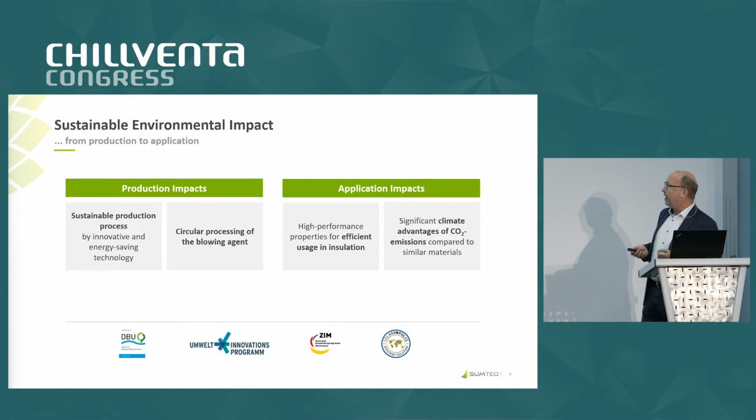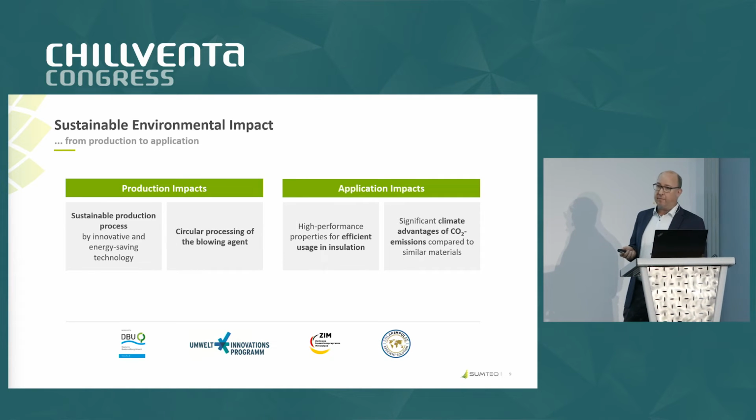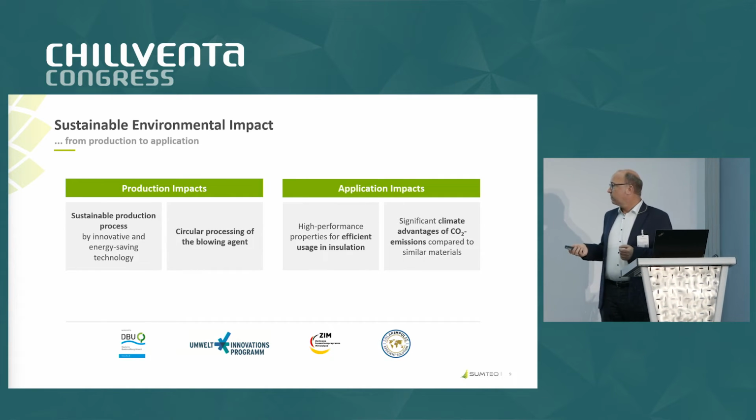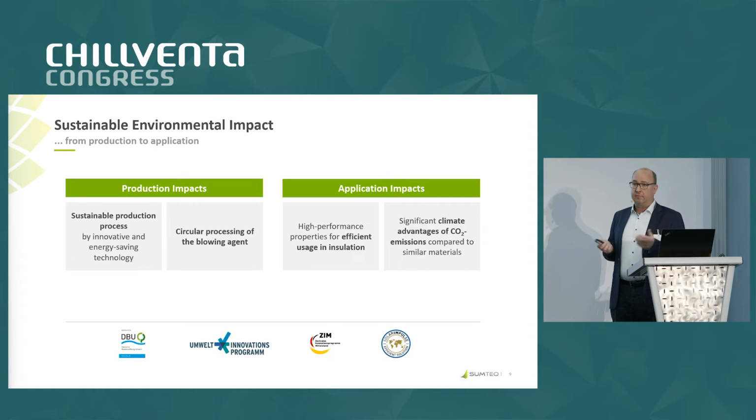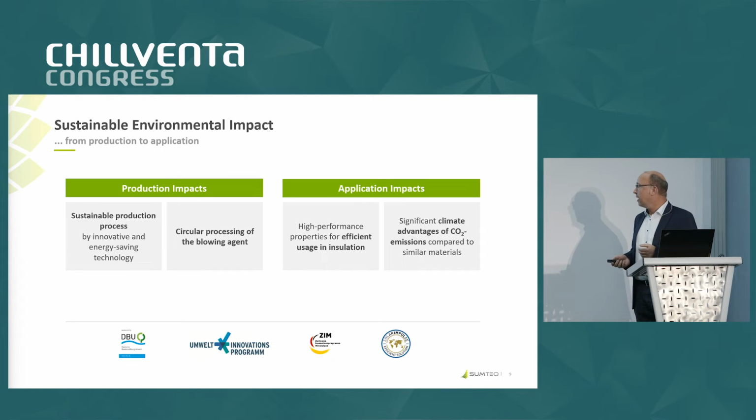Application impacts are the high efficiency in insulation and additionally a very low carbon footprint. This is the reason why we have been funded several times by several organizations and also have the Solar Impulse label.